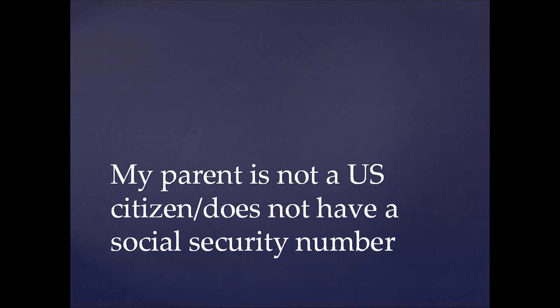One issue that I've encountered with a number of students is that a parent is not a U.S. citizen, or for whatever other reason doesn't have a social security number, and this causes a lot of people to hit a confusing roadblock in the FAFSA application process. For students whose parents don't have a social security number, you won't be able to obtain an electronic PIN for them.